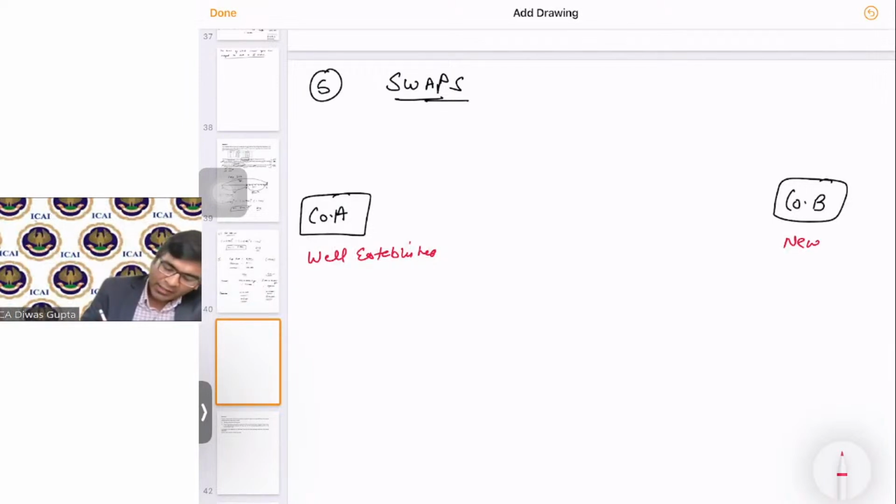But company A has a risk committee which always says that you have to borrow at a floating interest rate only. So they prefer floating.